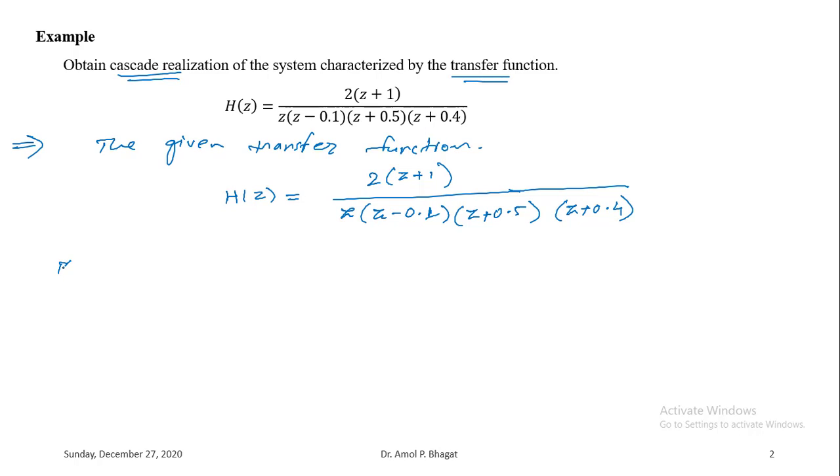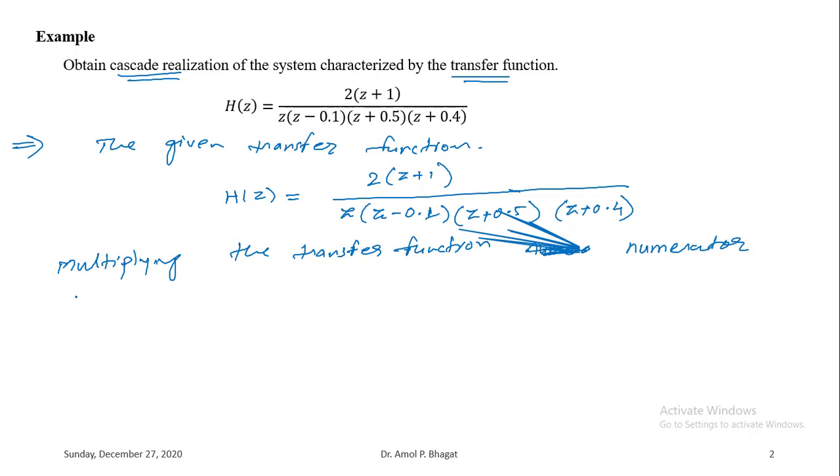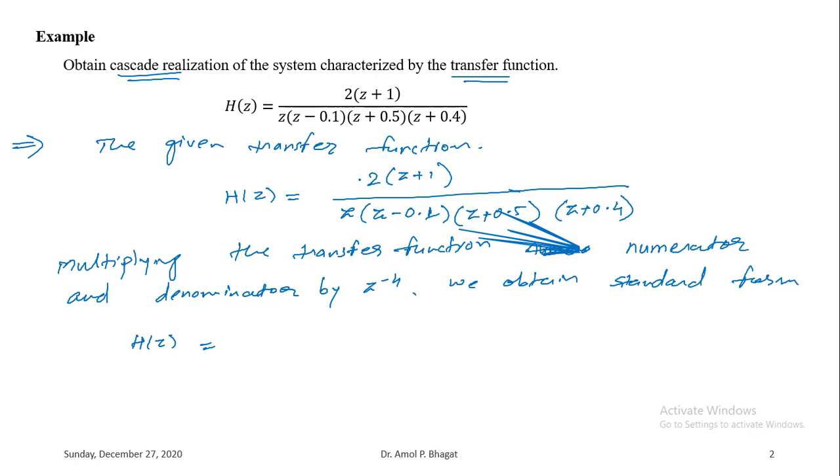So multiplying the transfer function numerator and denominator by z to the power minus 4, we obtain the standard form as given by this H of z.